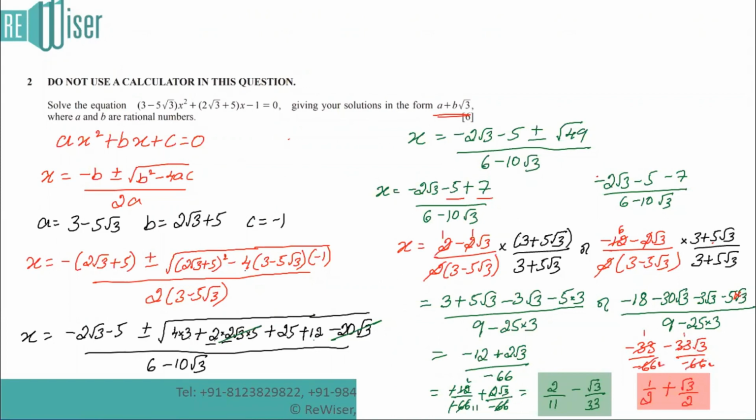So now the mark scheme, the marks distribution for this particular sum, goes something like that. In total, it's a 6-marker question. Figuring out that we need to use the quadratic formula and substituting into it can give you 1 mark.